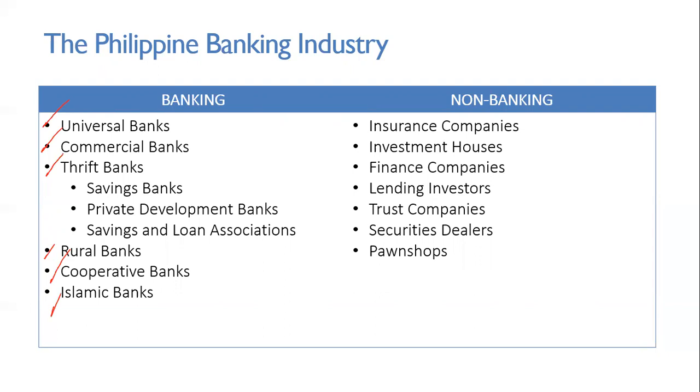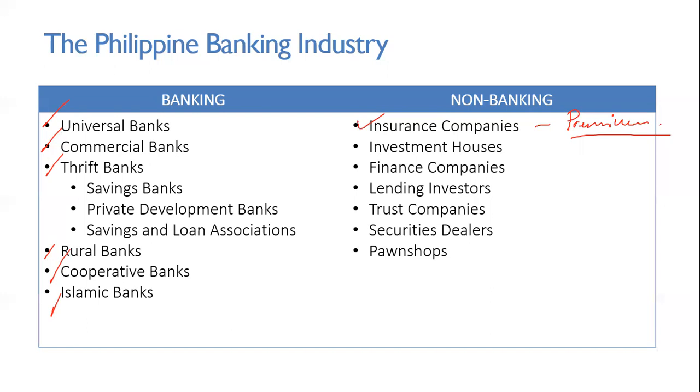Non-banking financial institutions simply means that they are not taking in deposits. Insurance companies are not taking in deposits, right? They are receiving what's called insurance premium. So pag bumili ka ng insurance, you pay the premium. Yung premium na pupunta sa insurance companies. And that premium, yun ang source of funding of an insurance company na pwede niyang i-invest or pwede niyang ipautang.